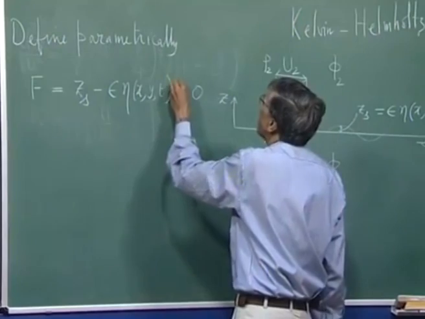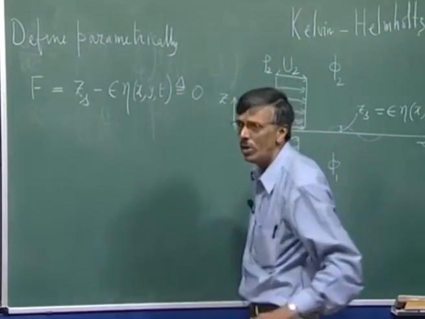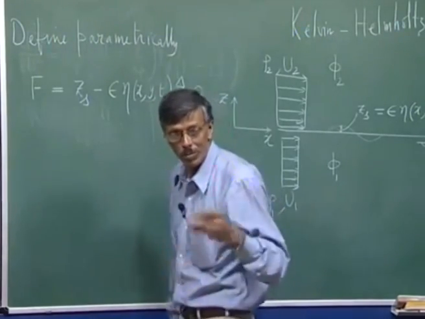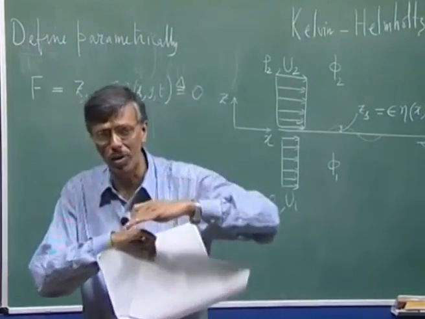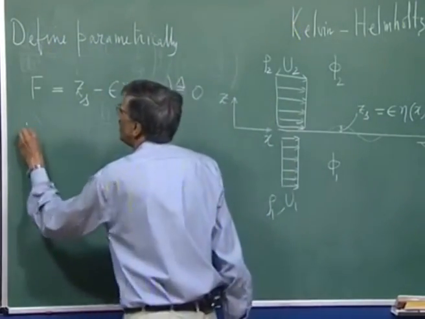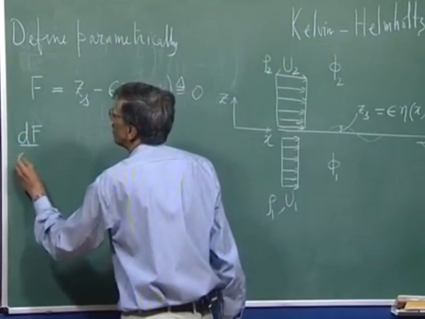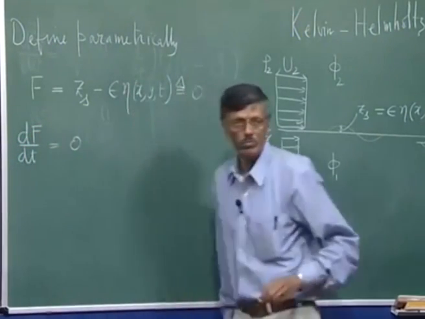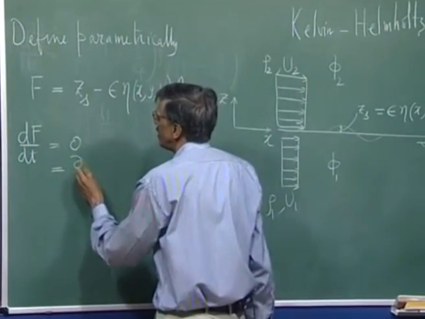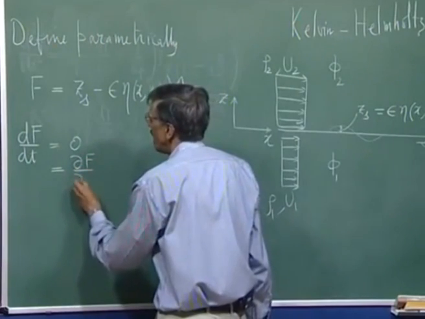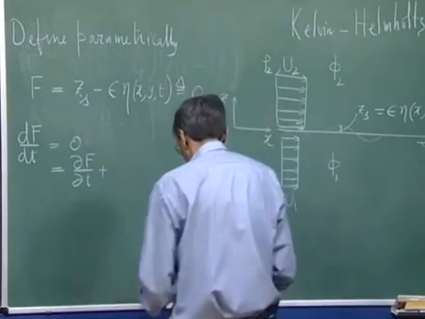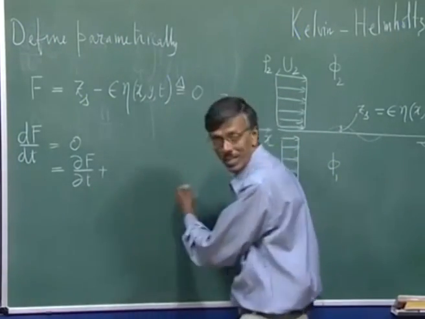If that is indeed the case, then what will happen to this interface in subsequent time? These are not two miscible fluids, they are not going to mix with each other. So, subsequently at all times its total derivative should be equal to 0. And what do we get this total derivative as? Del f del t plus, well, we will have to take the convective path.